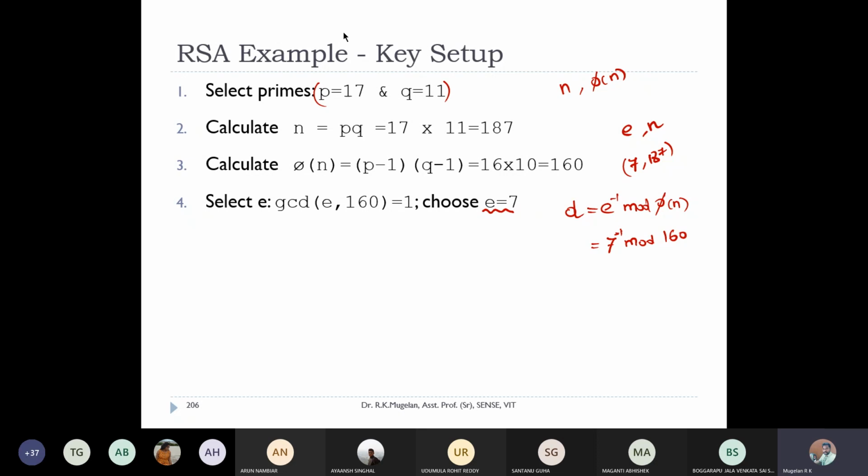64, okay. Any other answer? Not 64, okay. Three.